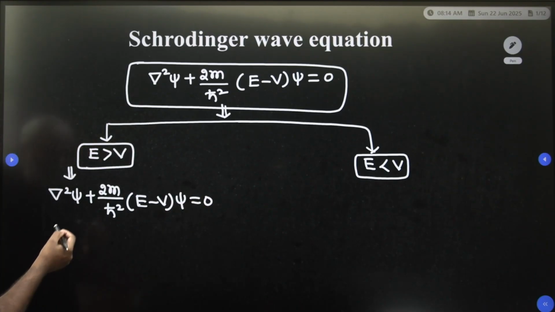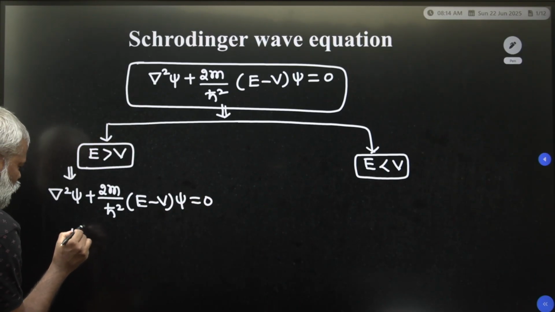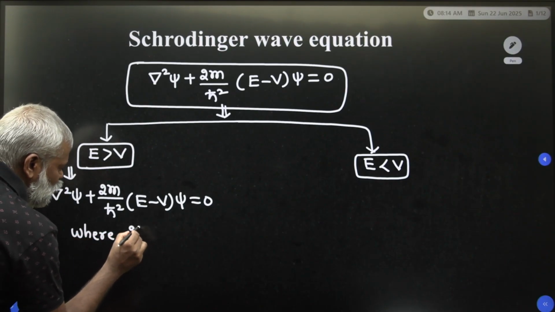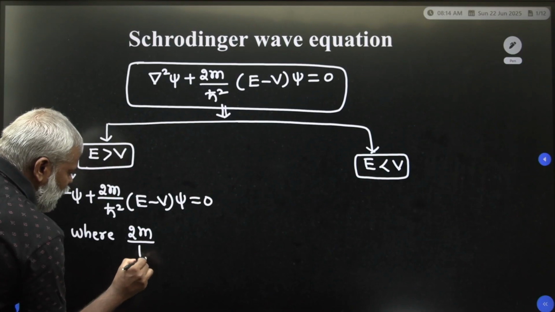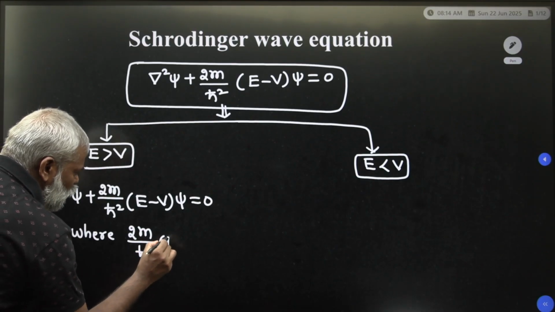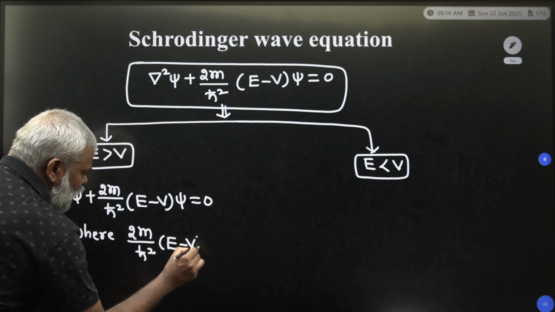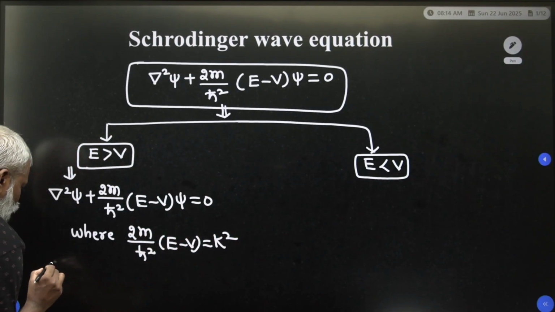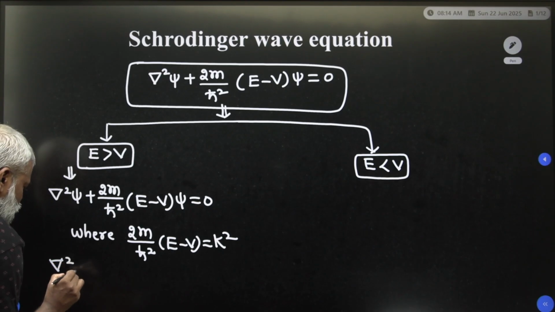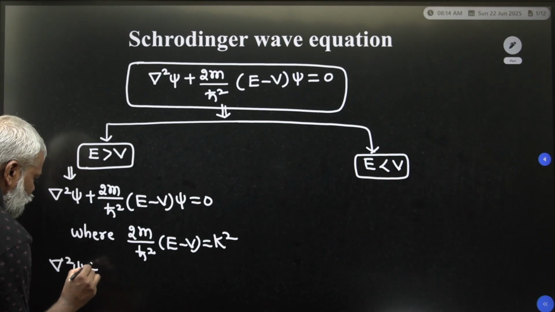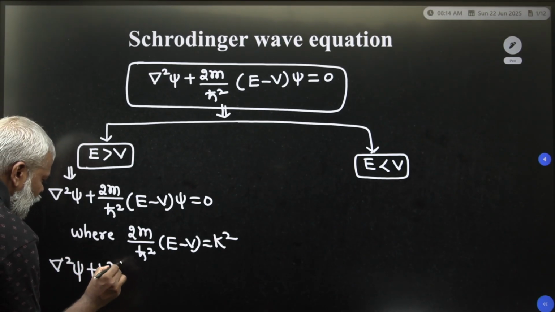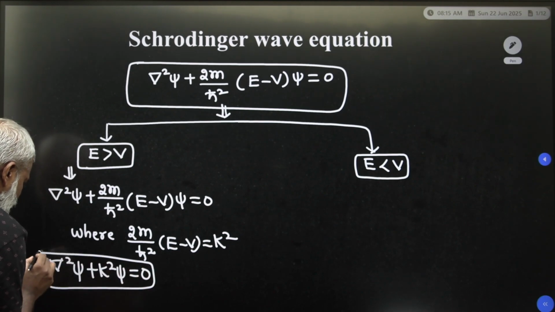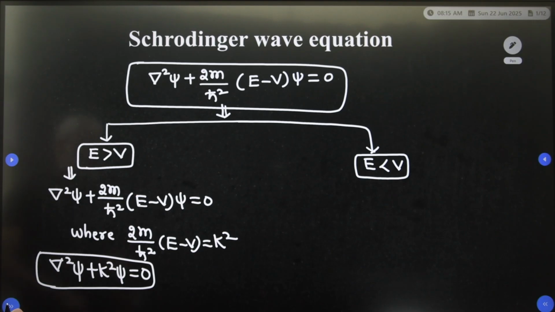Here we take 2m divided by h cut square into (E minus V) equal to k square. Therefore we get del square psi plus k square psi is equal to 0.